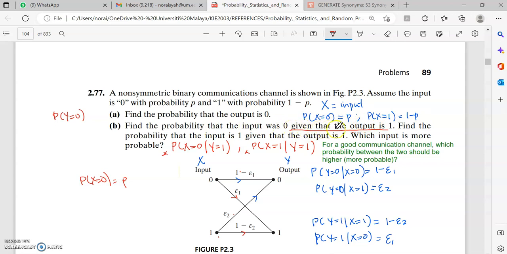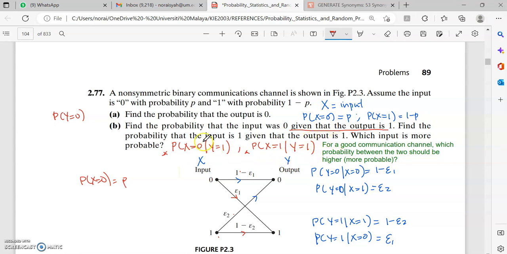Given that the output is 1 is the conditional probability, so this is how you write it: the probability that x is 0 given that y is 1. You are also asked to find the probability that the input is 1 given that the output is 1, with the condition on the output being y equals 1.